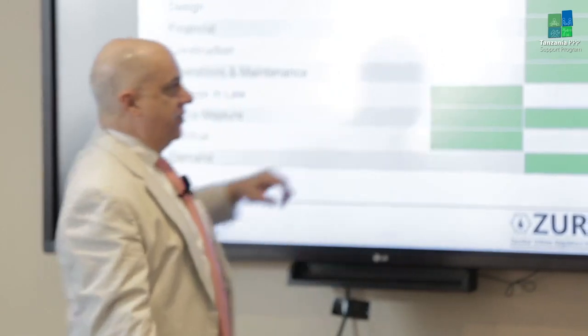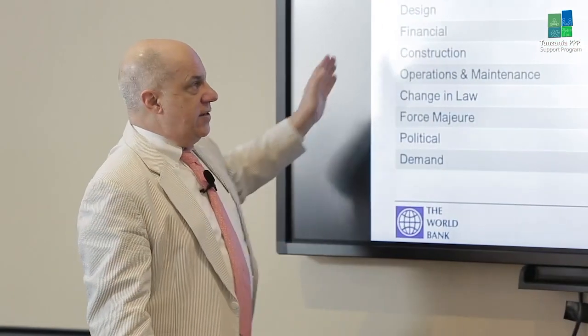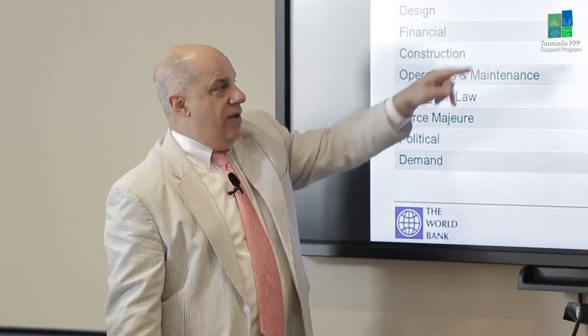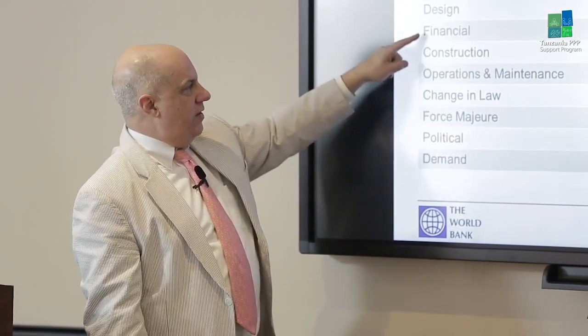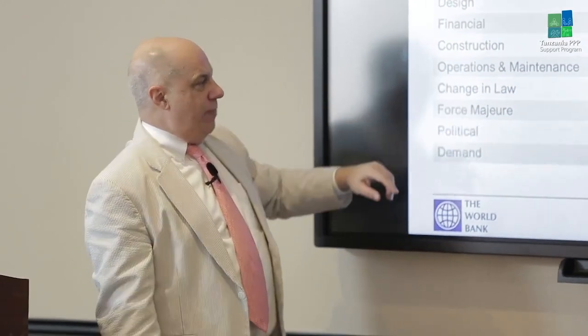Well, if they specify it too low and it's not sufficient to meet the needs of the island, but the private partner builds it to those output specifications, it's actually the government's risk if it needs to be expanded, because they specified that. The design, though, the private party is going to assume that. Same with the financial, construction, and operations risk. Risk is not always allocated to simply one party. Sometimes it's shared.